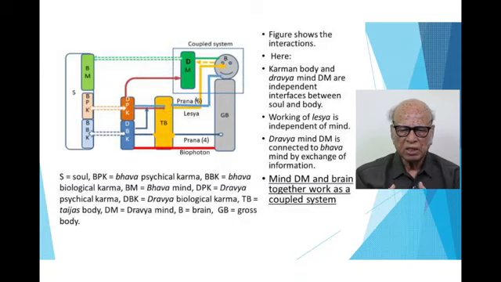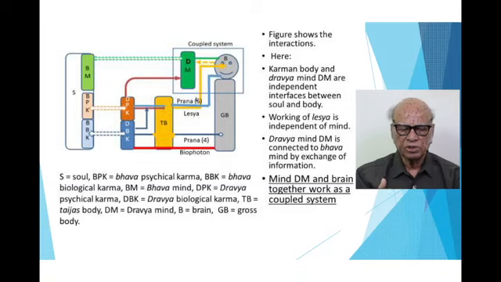Then going up again, I have shown the mind, the dravya mind. You see how the interactions take place. There is one shown by a dotted line at the top, as there is a continuous exchange of information between bhav mind and dravya mind. This is how dravya mind is supported in its place in the body.